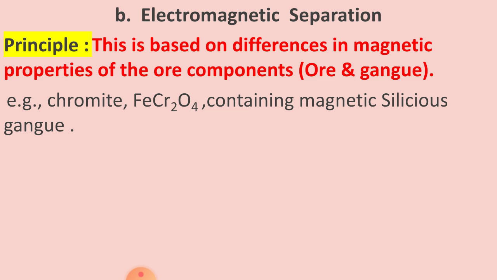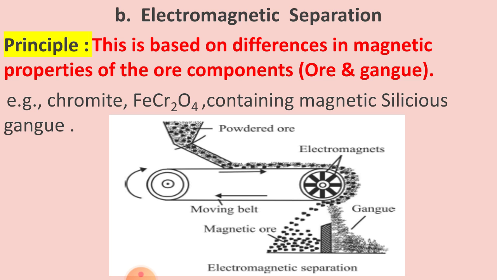This method is basically used for chromite ore, that is an iron containing ore, for removal of siliceous gangue particles. Here look at the diagram. This diagram indicates that the powdered ore is dropped on a belt from one end, that is non-magnetic, and at the other end, that is magnetic.